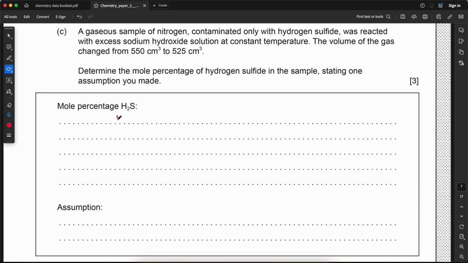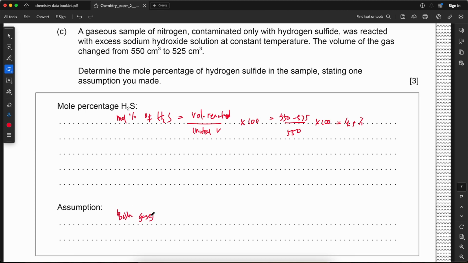To calculate the mole percentage of H2S, it will be the volume that reacted divided by the initial volume times 100. That would be 550 minus 525 divided by 550 times 100. That would be 4.5%. What about the assumption?